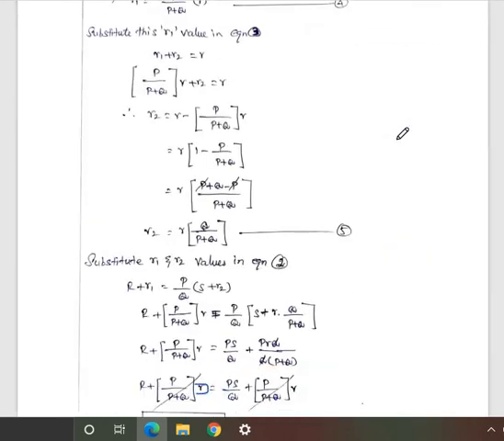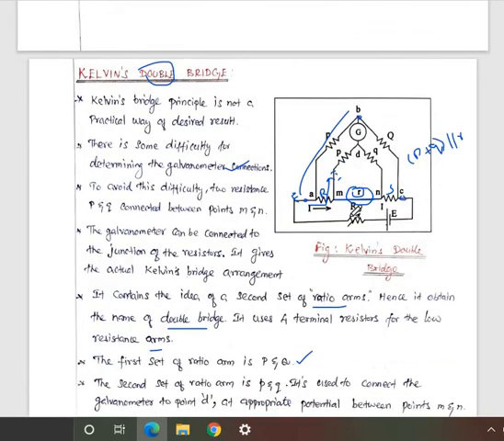But in the Kelvin double bridge there is no such arrangement, no movement of the galvanometer to either point M or point N. So there is nothing we have to change, and we do not consider that resistance value.